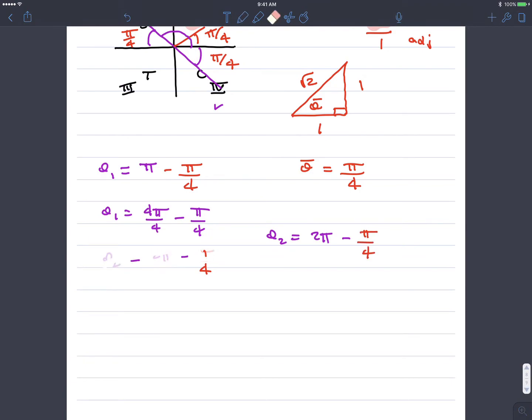Okay, so we have some space to work. And then finally now, let's finish this. Let's do the algebra. So theta 1 here is going to be what? 3 pi over 4. And then theta 2 is going to be what? Oh, we're going to have to say 4 times 2 pi over 4, right? Minus pi over what? 4.